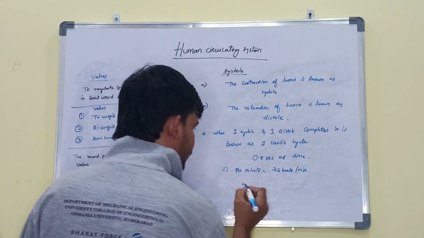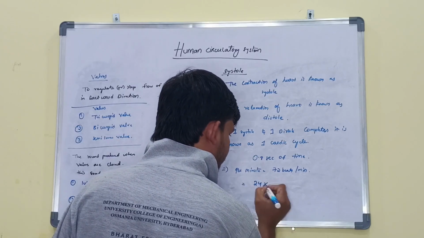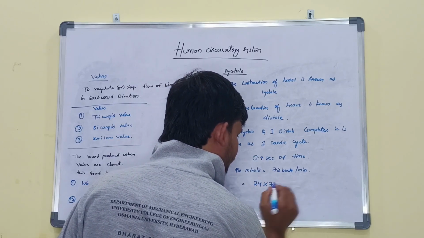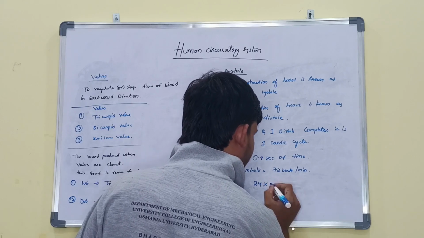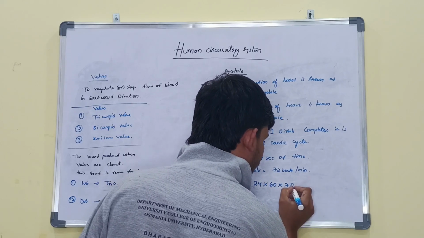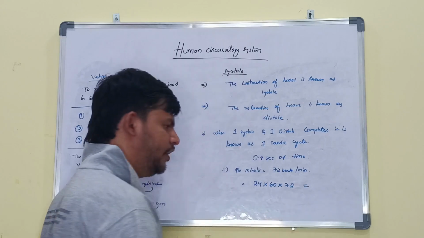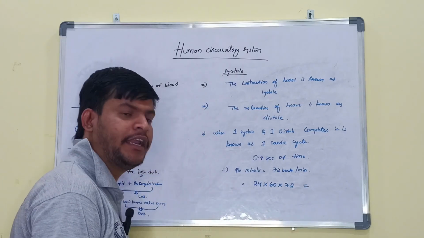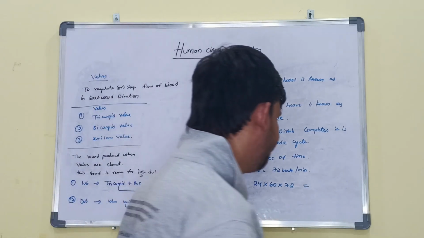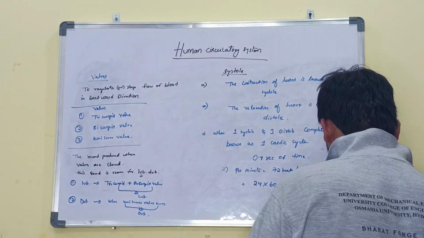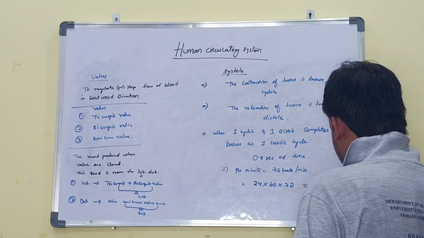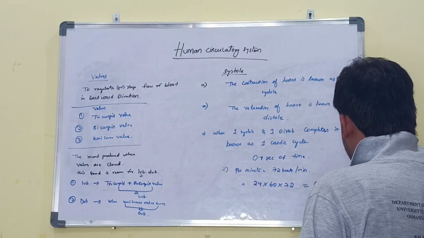If we multiply 24 into 60 into 72, then we will get a value of approximately 1 lakh.